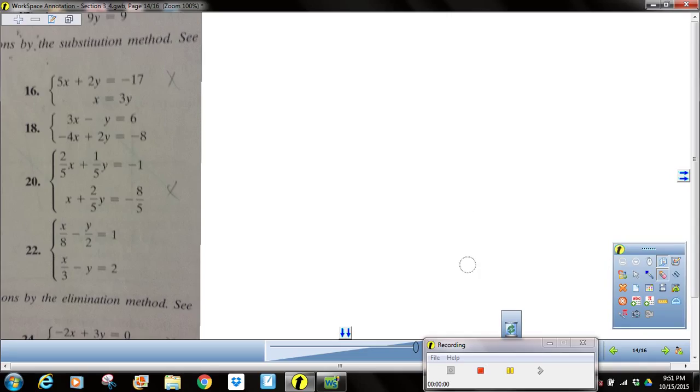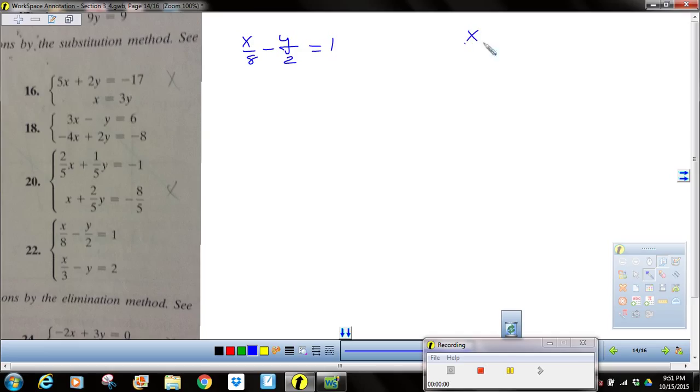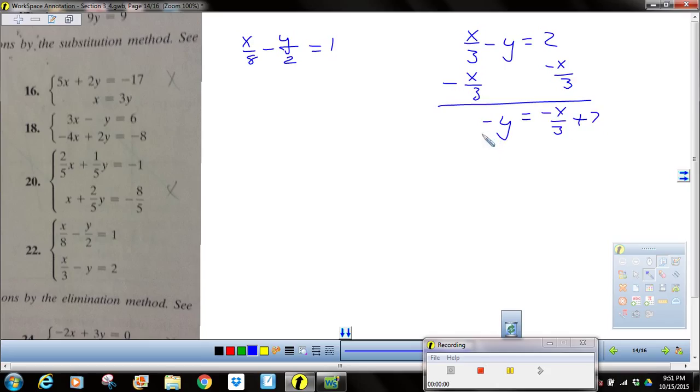Okay, now we're going to try number 22. I think if I subtract 2/3 x over 3 on both sides, I get negative x over 3 plus 2, divided by -1.